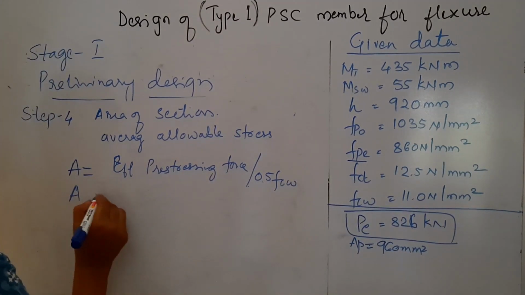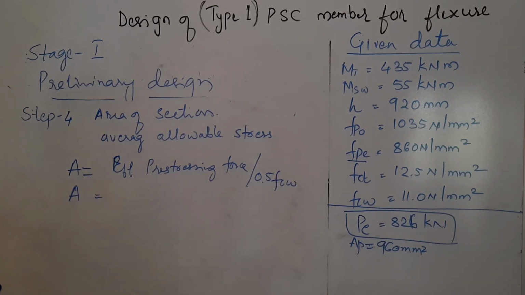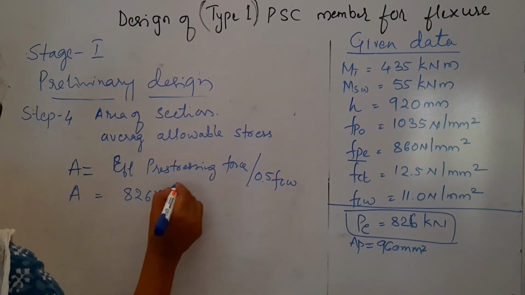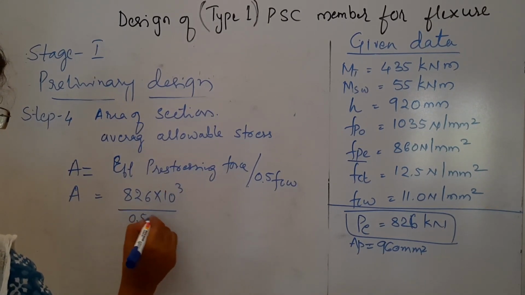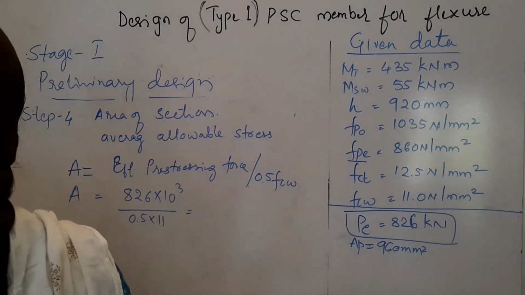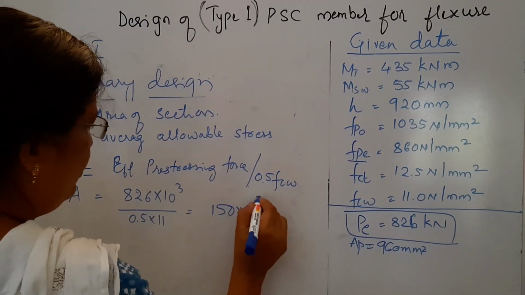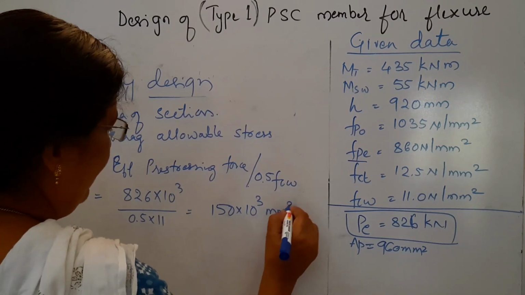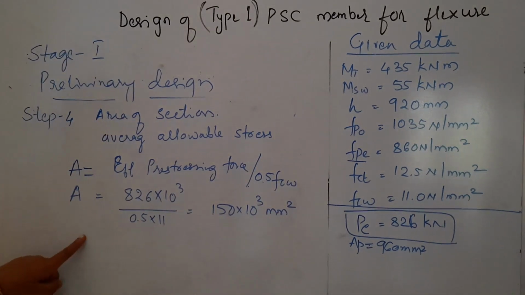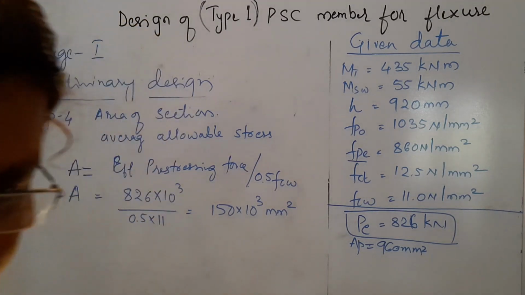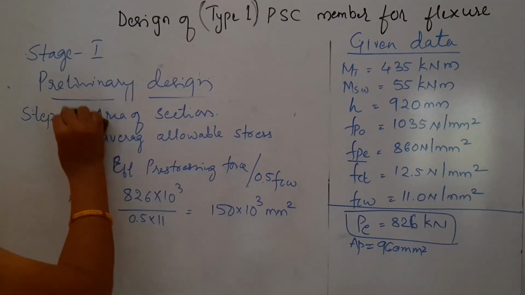Then the required area is 826 into 10 raised to 3 divided by 0.5 into 11. This is 150 into 10 raised to 3 square millimeter. It is required as per the calculation. We have to select the trial value slightly higher than this, then it will be on the safer side. This is step 4. Next, we will have the trial section in step 5.